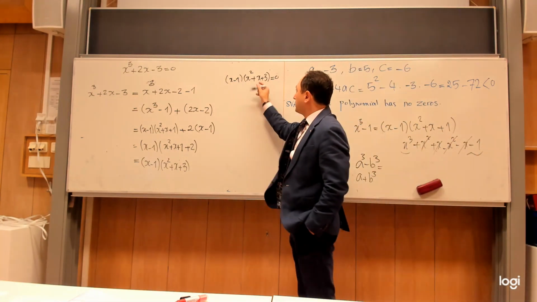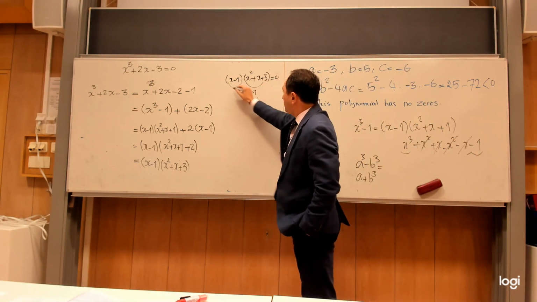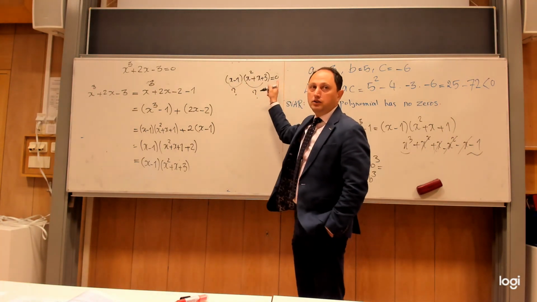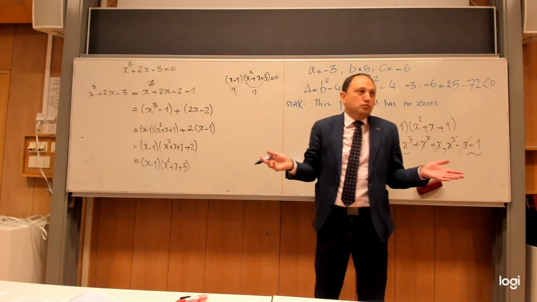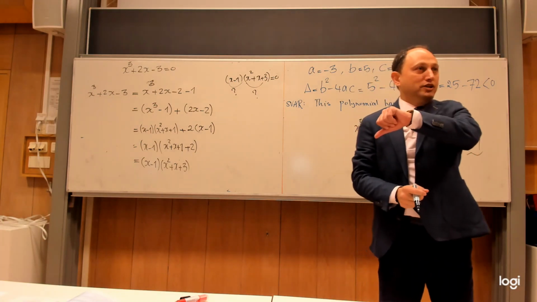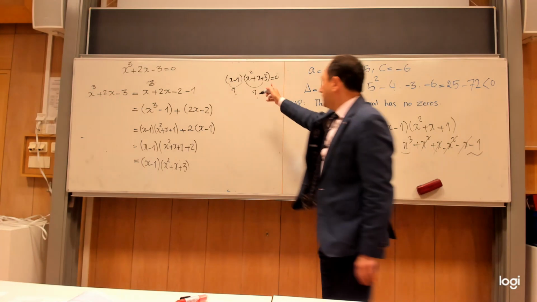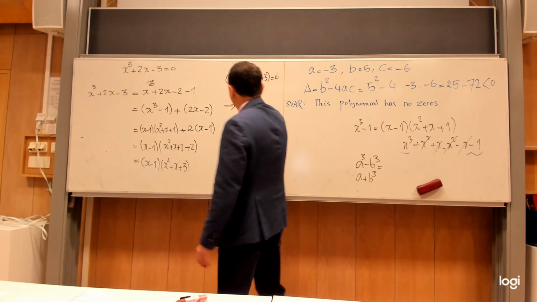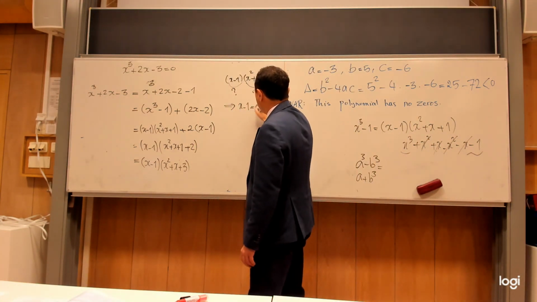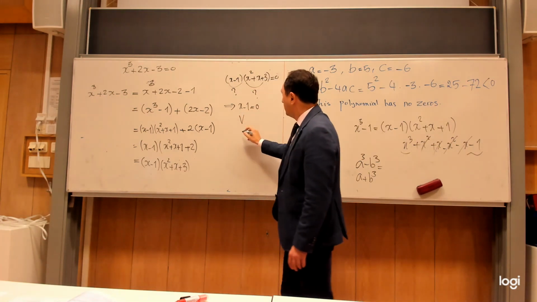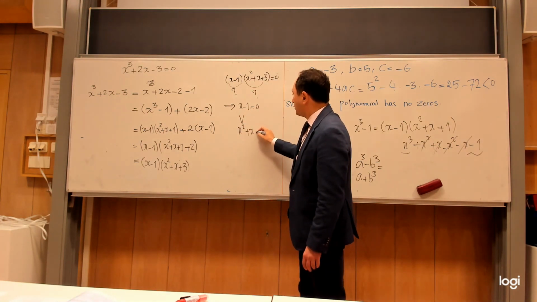If the product of two numbers that I don't know is equal to 0, there are at most two possibilities: either the first one is 0 or the second one, or of course both of them. So immediately from here, I can conclude that x minus 1 is equal to 0 or x squared plus x plus 3 is equal to 0.